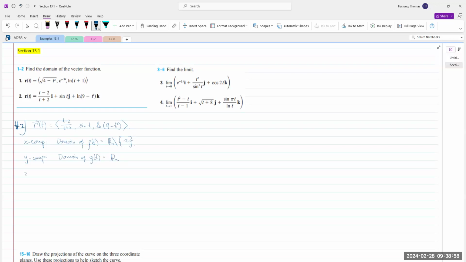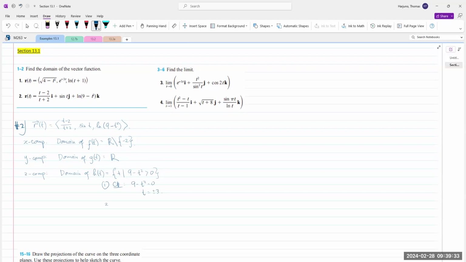And then for the z component, the domain will be all t where the natural log is defined. The argument of the natural log has to be strictly positive, right? So let's solve that one. First, the critical numbers: I set 9 minus t squared equals 0, and we get t equals plus or minus 3.